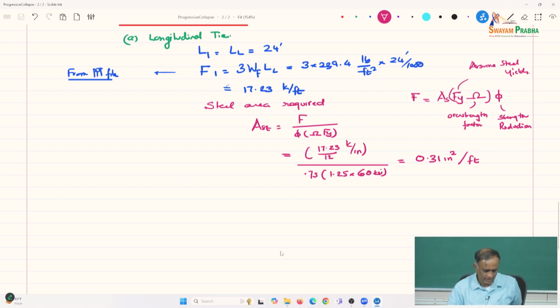The spacing should be less than 0.2 LT. So, this is 0.2 times LT, if you provide 1 or 2 bars, that is why the spacing is restricted. So, this is 7 feet center to center.